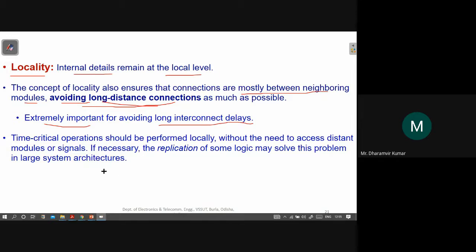Although it is not always possible, what we can do is at least perform the time critical operations locally, without the need to access distant modules or signals.